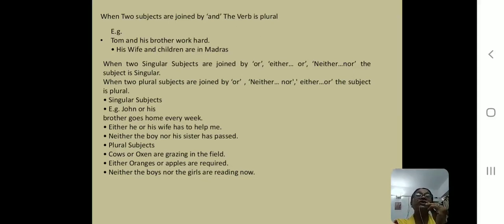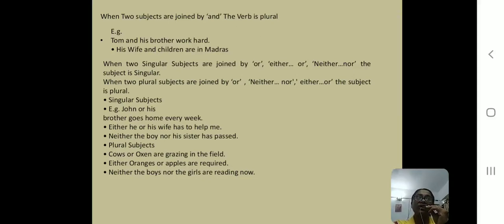The next rule: when two singular subjects are joined by or, either or, neither nor, the verb is singular. When two plural subjects are joined by or, neither nor, either or, the verb is plural.